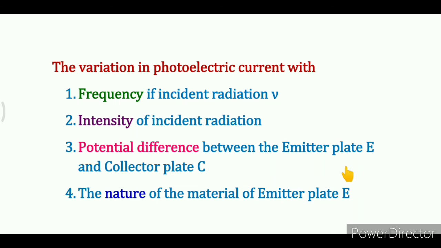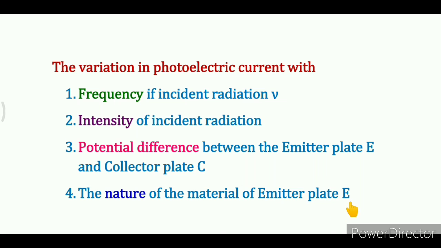Then, to study the nature of the material of the emitter plate E, we keep all other things constant and change the nature of the material of the emitter plate E. That means by taking another material and following the same observations, we come to know more about the variation in the photoelectric current with the particular emitter plate used.